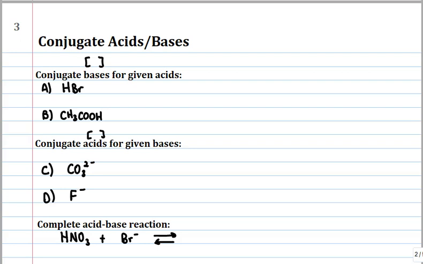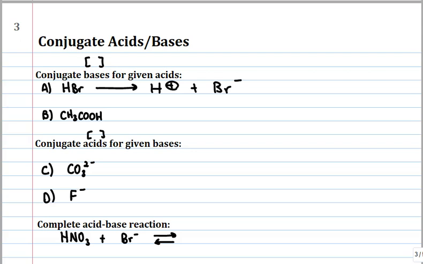I want you to draw a box around, or brackets around, the conjugate bases for given acids. Well, HBr is an acid because it has a hydrogen that can be donated as a H+. And if you put it in water, it will yield H+ plus Br minus.